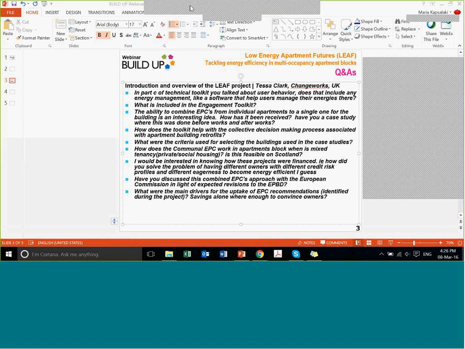So again, Part B of the technical toolkit, which allows the user to explore different packages of measures and what might be feasible, all that information is really essential for when the owners come to make that decision about what to do in their block. This is a way of them being able to explore and scope out ideas for what they could do in their building.